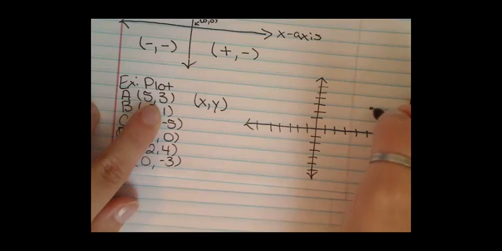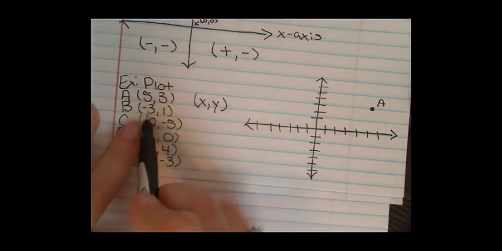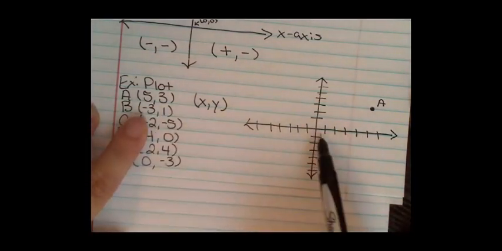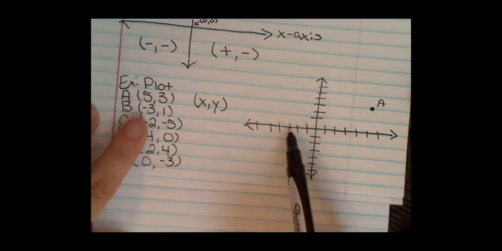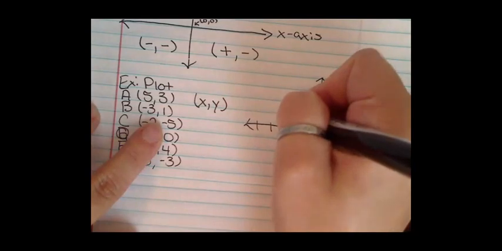So right here is point A. B is (-3, 1). So we go to the left 3, 1, 2, 3, and then it's a +1, so we go up 1. And that's B.